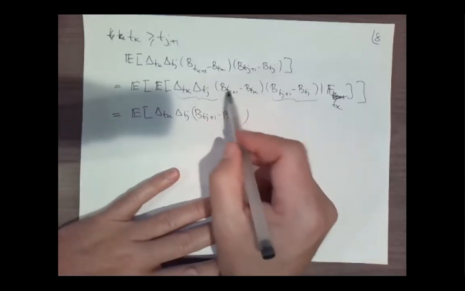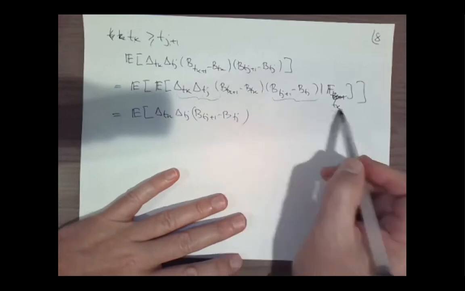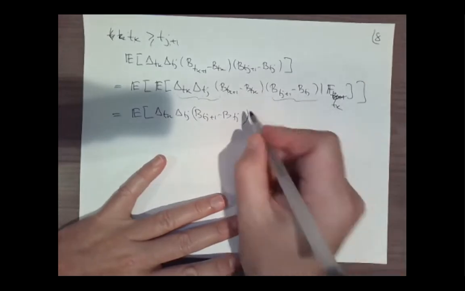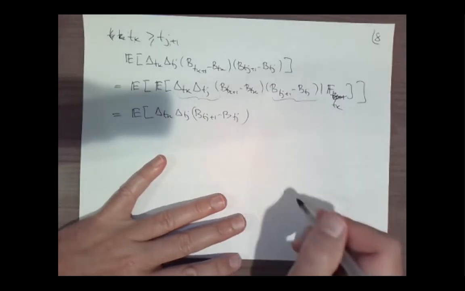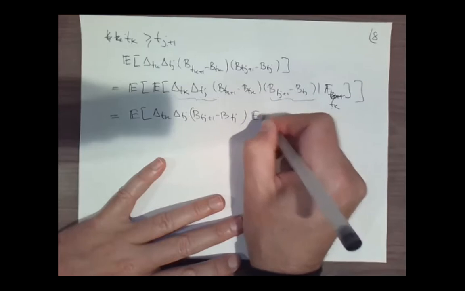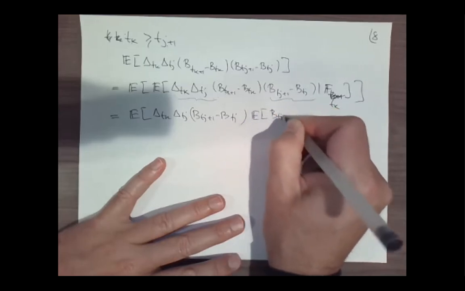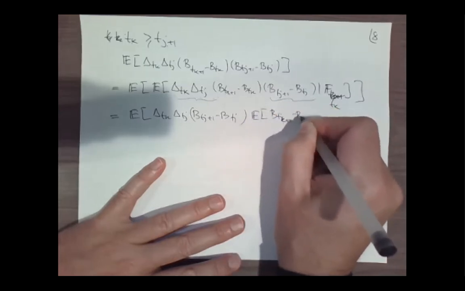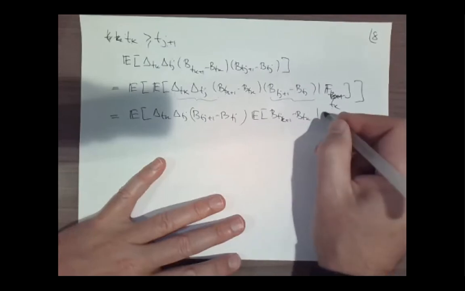And what I am left with is B_{t_{k+1}} minus B_{t_k} given F_{t_k}. What do I get? The unconditional expectation.